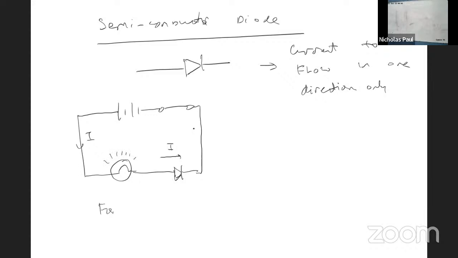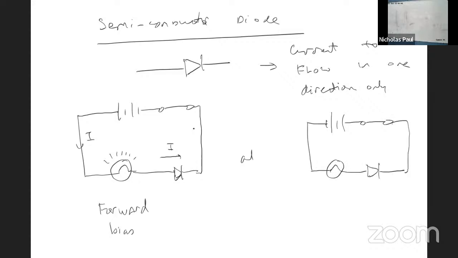That is called your forward bias state, or forward bias direction. And then you have your reverse bias. If you look here, here's positive, negative, current going this way.